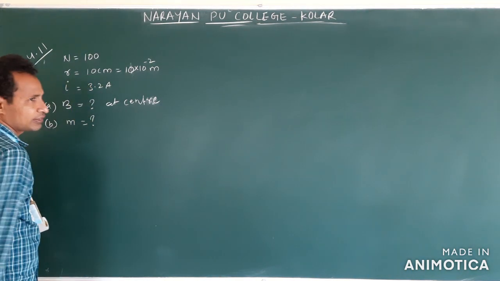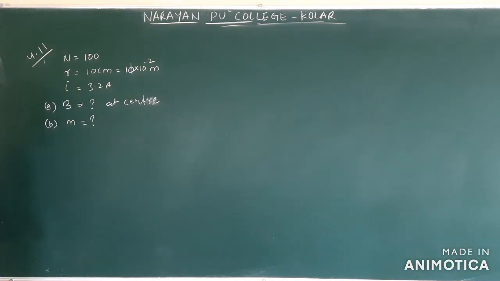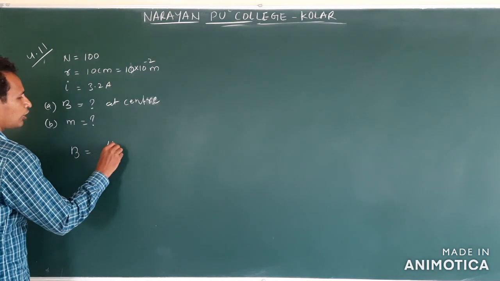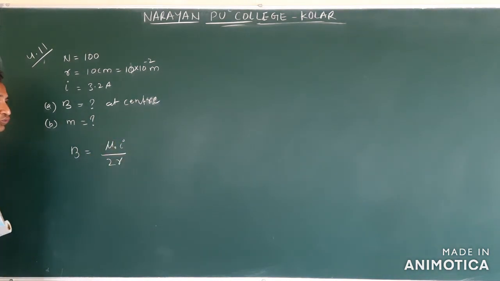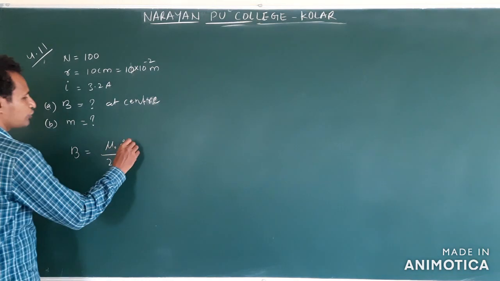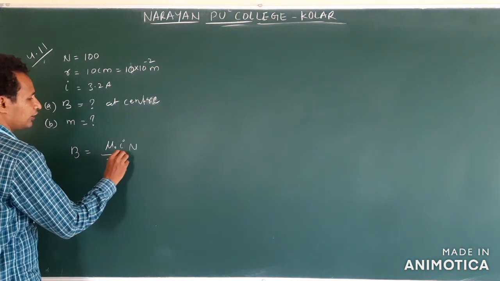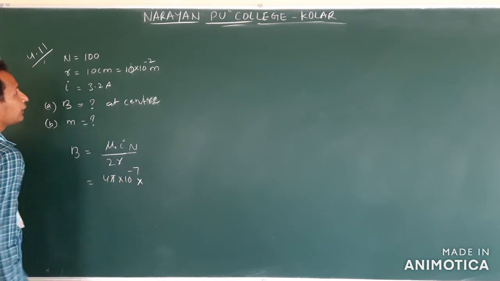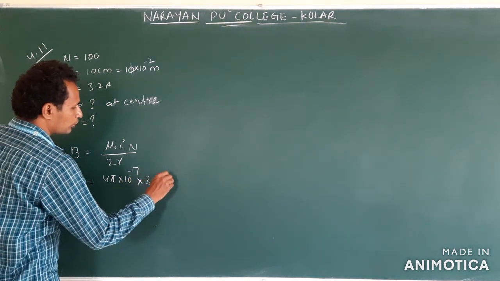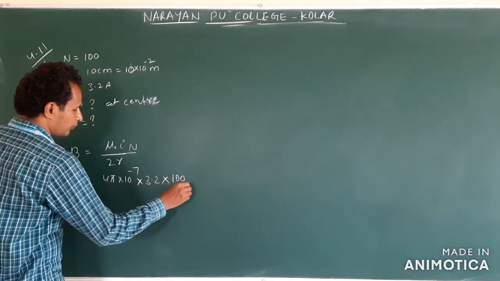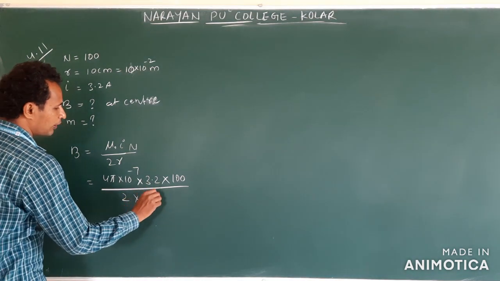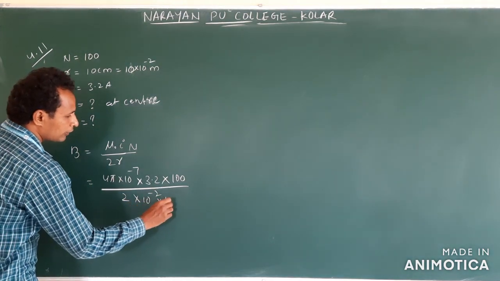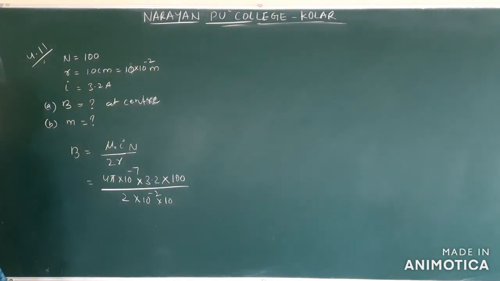They mention radius. What does it mean? The shape of the coil is circular. The circular coil magnetic field formula is B is equal to mu naught I by 2R. This is for a single turn. We have a number of turns, so multiply with N. Clear? Then substitute the values: 4 pi into 10 power minus 7 into the I value 3.2 into number of turns 100 by 2 into 10 into 10 power minus 2.